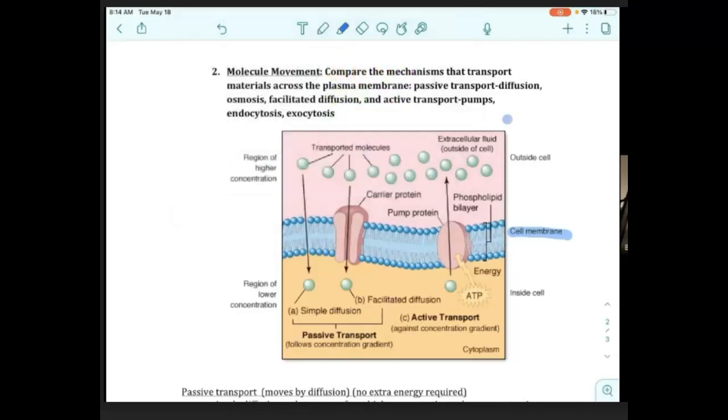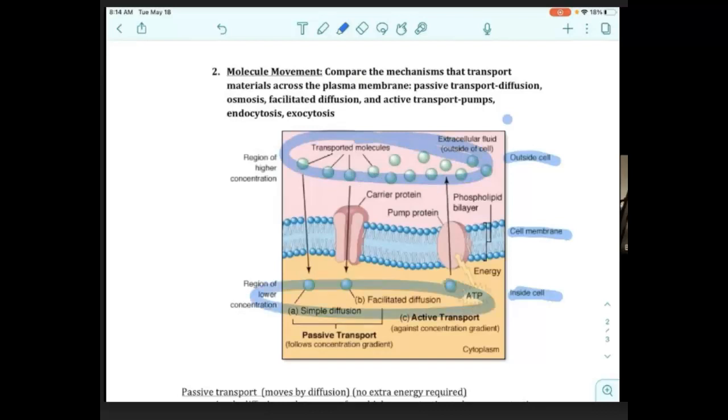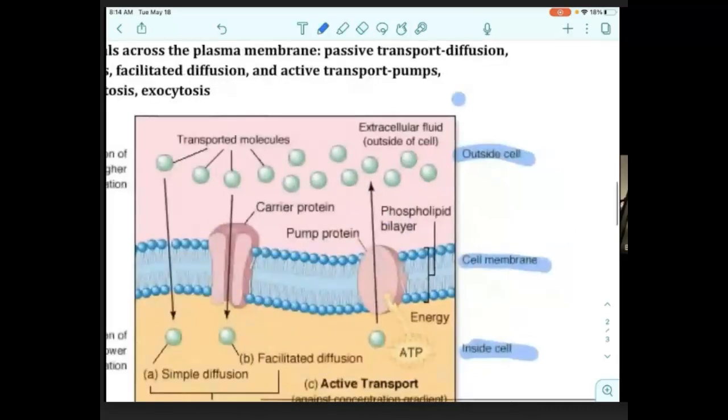Let's see here. There's outside and there's inside. Where do we see more of the dots? On the outside of the cell in this drawing or the inside of the cell? Owen? The outside. And so what we could say is that outside has a higher concentration than inside.